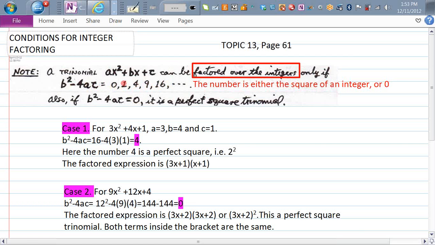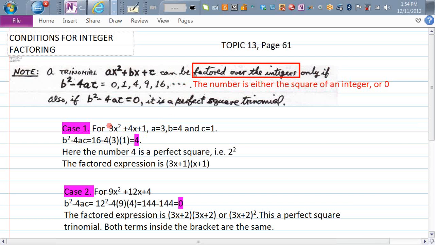So you'll notice the 1, 4, 9, 16 are perfect squares. This is 1 squared, this is 2 squared, this is 3 squared, this is 4 squared. We could have continued 25, which is 5 squared, and 36, which is 6 squared.